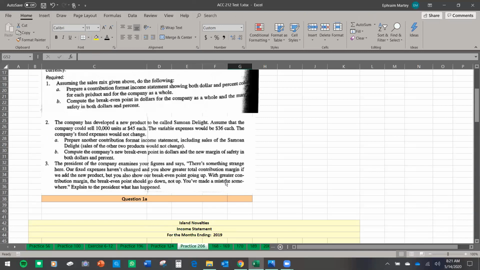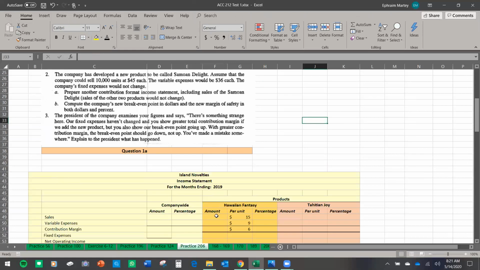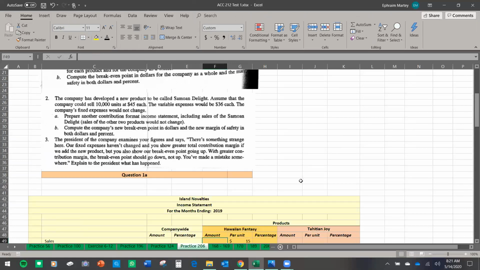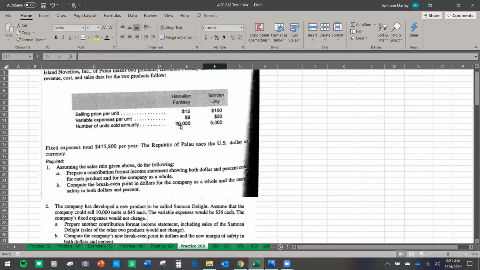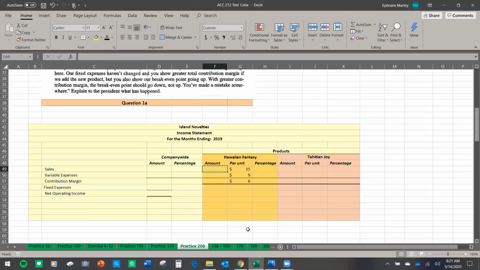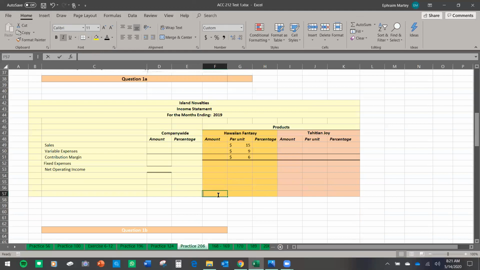Now in order to know the total amount, you need to know how many units were sold. So I'm going to say the number of units sold was 20,000 here.